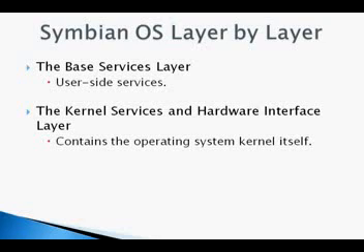The next thing is the kernel services layer, and it also includes the hardware interface layer. This is the lowest layer of the Symbian operating system. The kernel services and hardware interface layer contains the operating system kernel itself and the supporting components which abstract the interfaces to the underlying hardware, including the logical and physical device drivers and variant support, which implements prepackaged support for standard supported platforms.